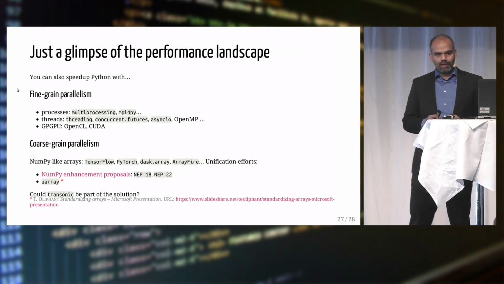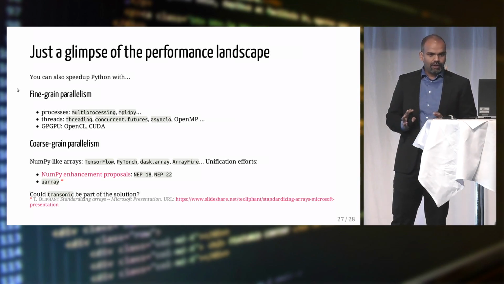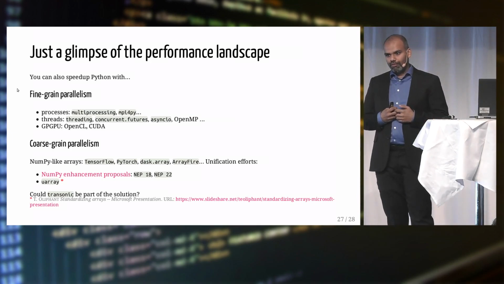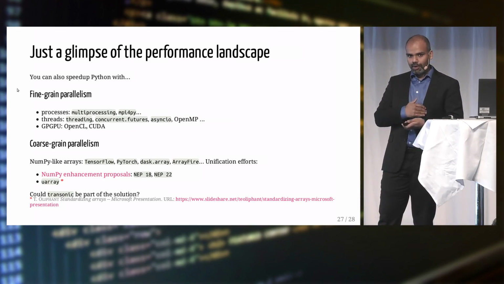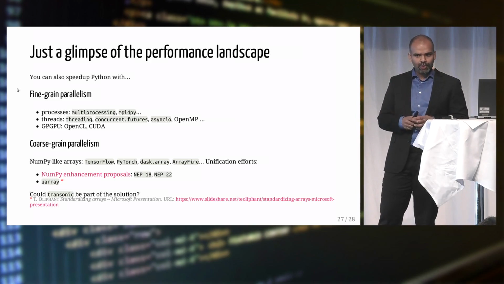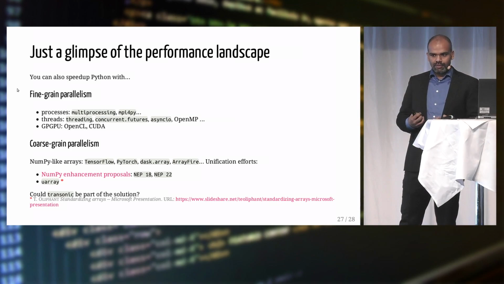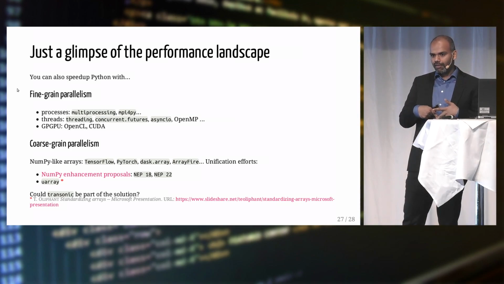This was just a glimpse of the whole performance landscape, as I like to call it. There is also the possibility that maybe your problem can be parallelized and made to go faster. You can do fine-grained parallelism when you break down your problem by yourself and do the parallelization, or you can use pre-existing data structures like PyTorch or Dask, which would be parallelized by default.